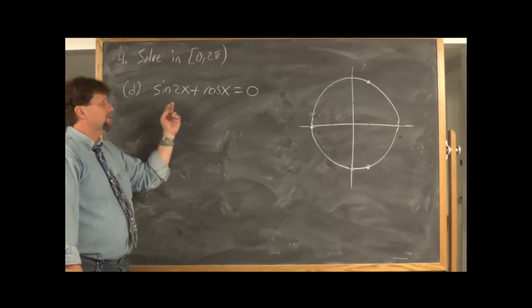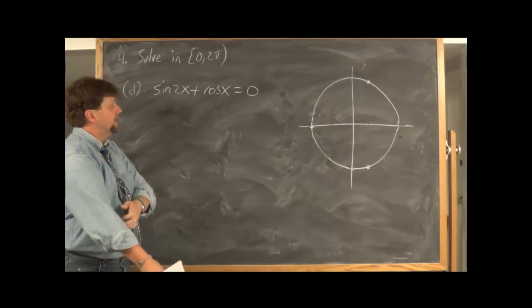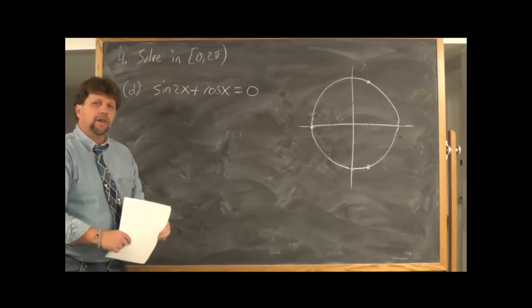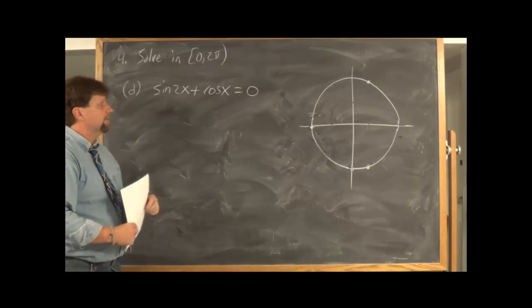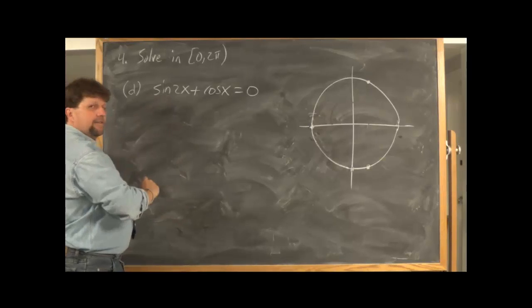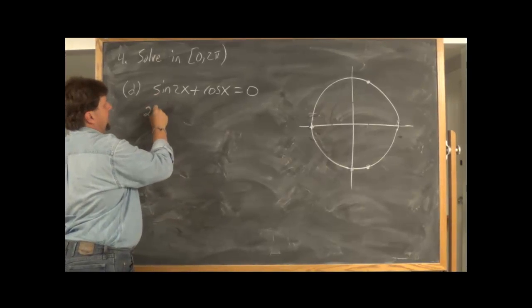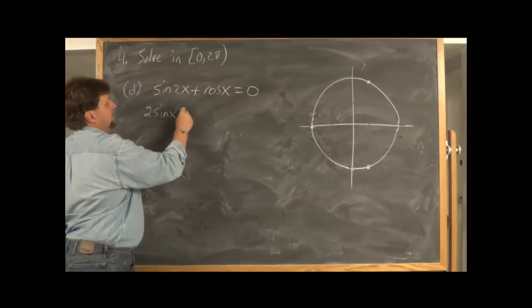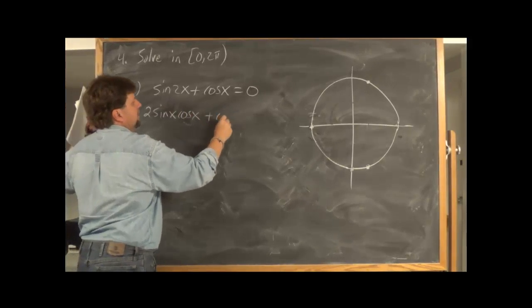We have the trig function sine and the trig function cosine. But we can make this problem a little easier if we use our double angle identity for sine 2x. Remember, the double angle identity allows us to rewrite sine 2x as 2 sine x cosine x.